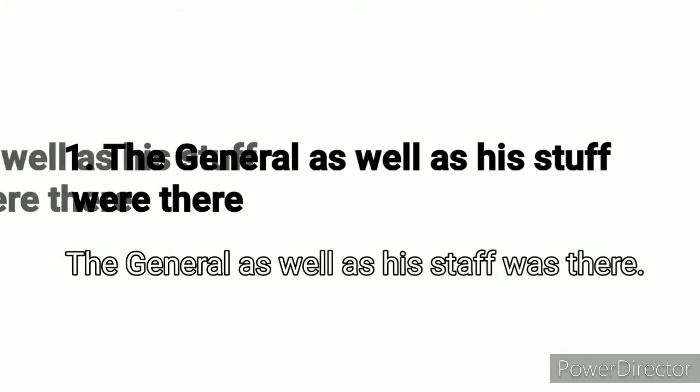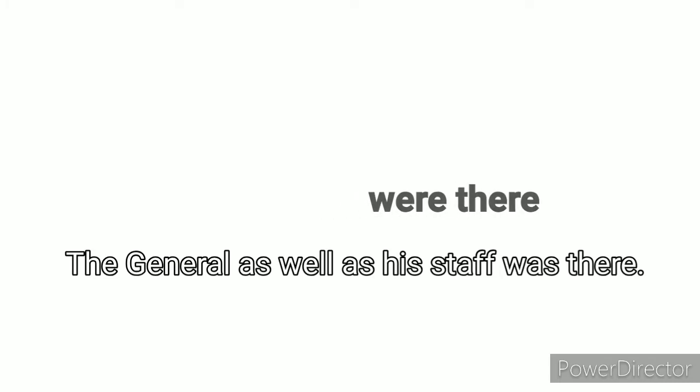Over here the first noun is a singular, general, so we will use the singular verb, and the answer will be: the general as well as his staff was there, because general is singular, so was is used here as a singular verb.